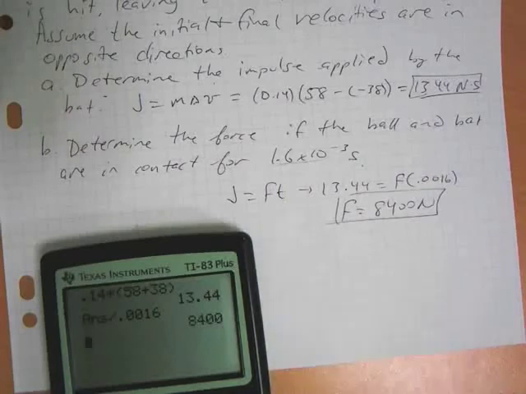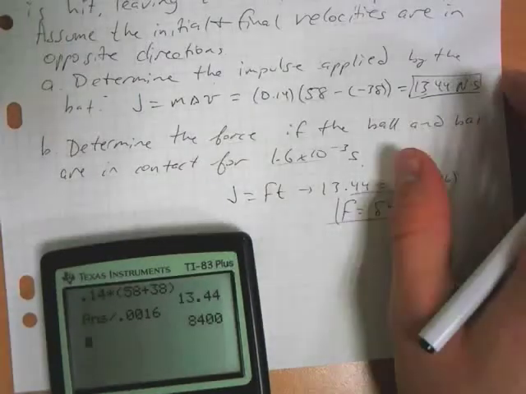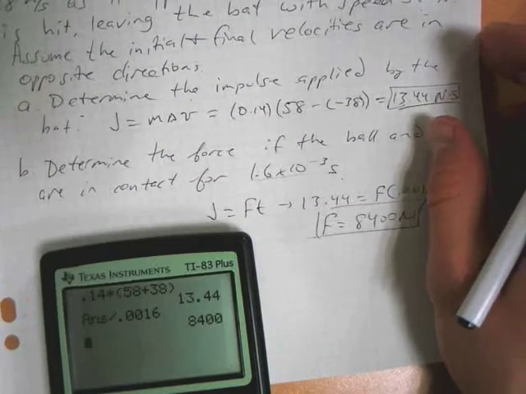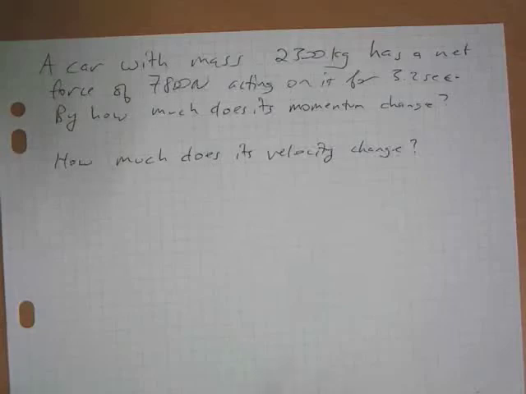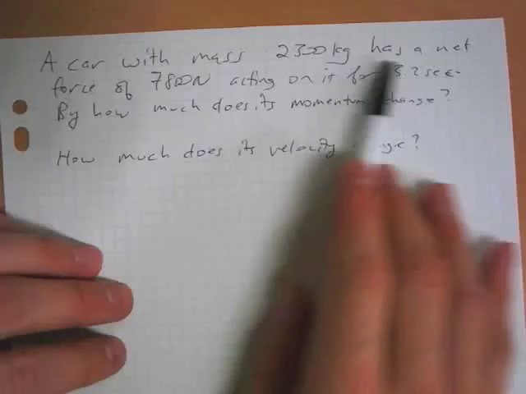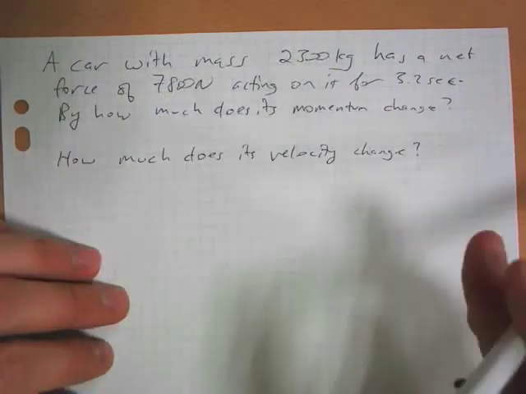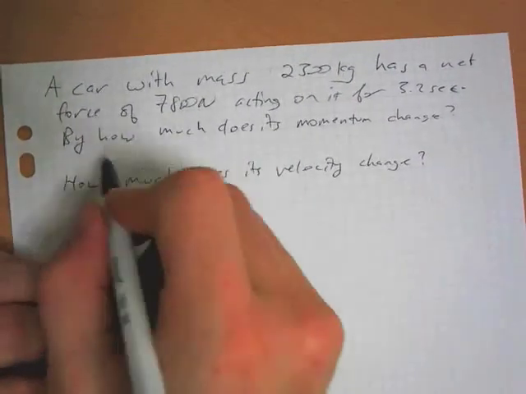Now, impulse momentum theorem is also a way that we can go about problems that we could have solved using a combination of force and kinematics. Let's say you have a car with mass 2,300 kilograms. It has a net force of 7,800 newtons acting on it for 3.2 seconds. By how much does its momentum change? Well, we know our impulse is equal to change in momentum.